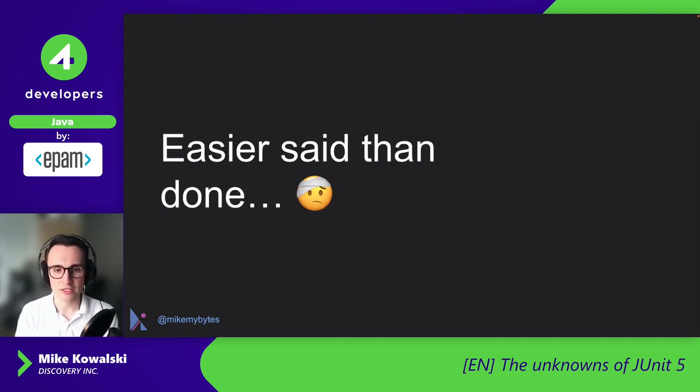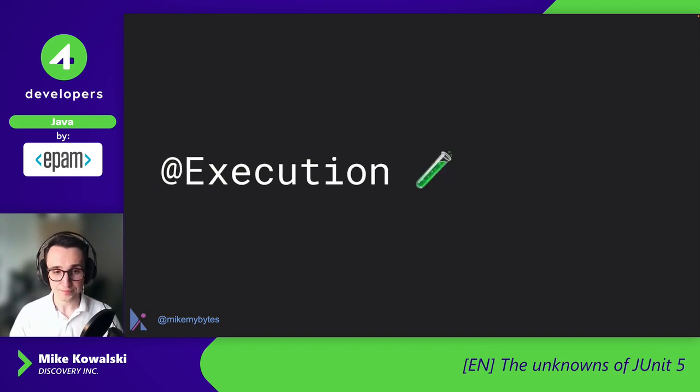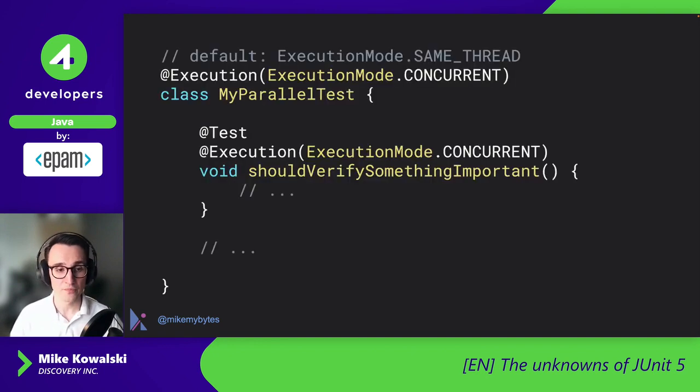Especially if our project is already a few months or a few years old and we have a lot of test code in place, it might happen that parallelizing all of them at once will be more challenging than we expected, that there will be too many dependencies and not enough isolation. But does it mean that we are always forced into an all or nothing decision? Well, luckily not, thanks to JUnit 5's experimental API that I would like to show you today.